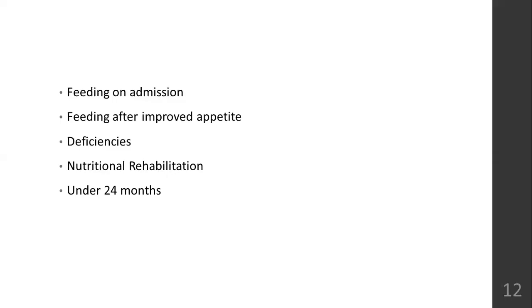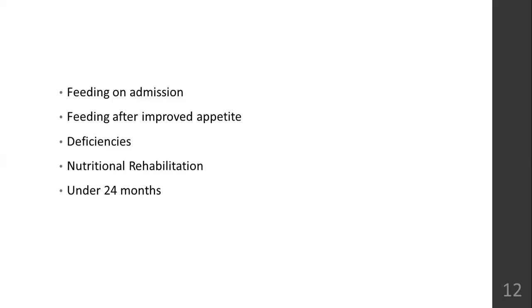Children who are under 24 months of age, under 1 year of age, F100 diet should be given every 4 hours, night and day. Even if the child is sleeping at night, put the alarm, and every 4 hours the child has to be woken up and the F100 diet has to be given. And slowly you will increase the volume of the F100 diet.